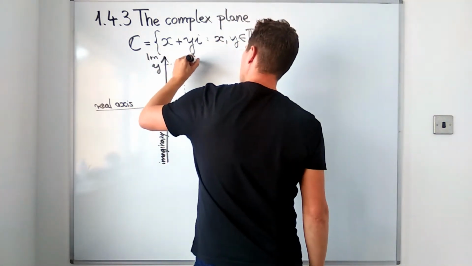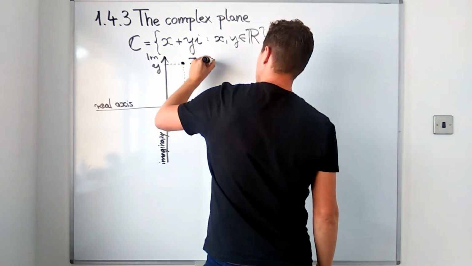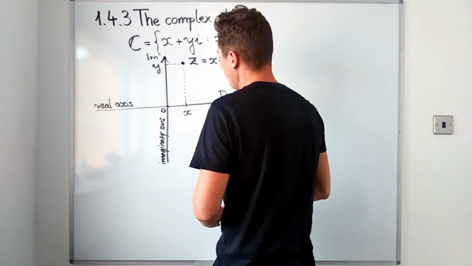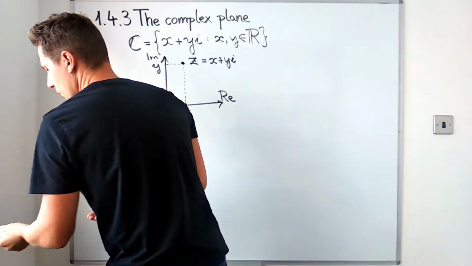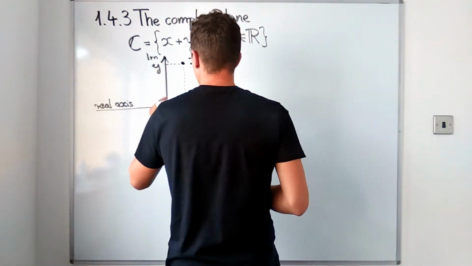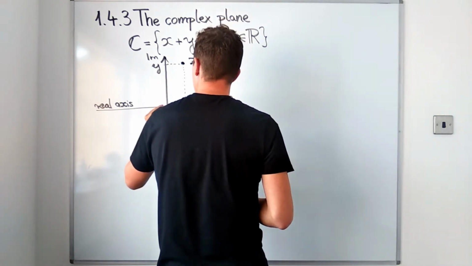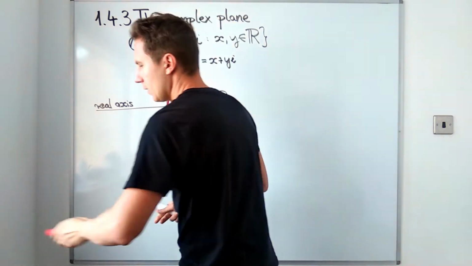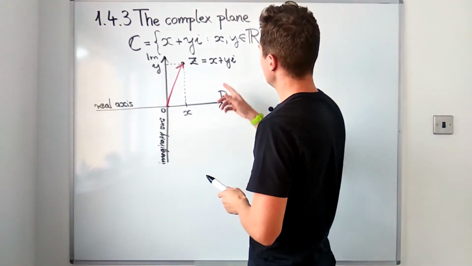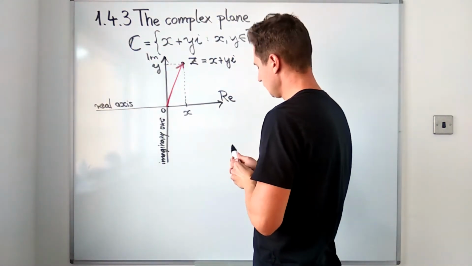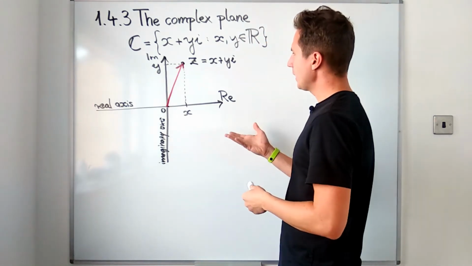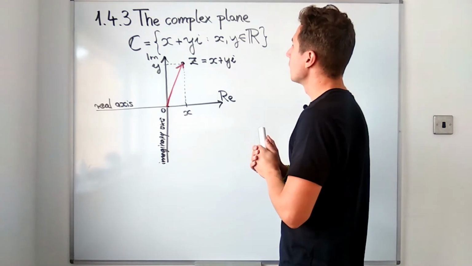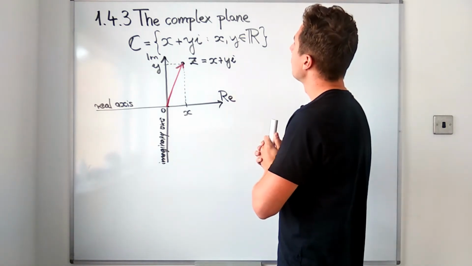So this point represents the complex number x plus yi, and we could also draw the vector connecting the origin to that point representing z. Okay, so now we can use the complex plane and this visual representation to understand these various operations that we've been doing with complex numbers.